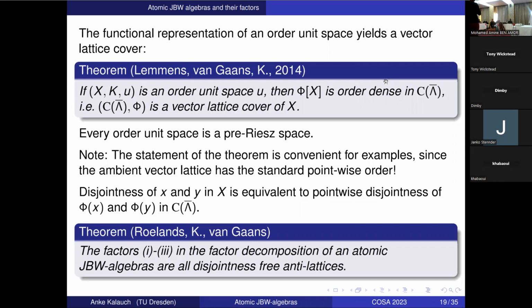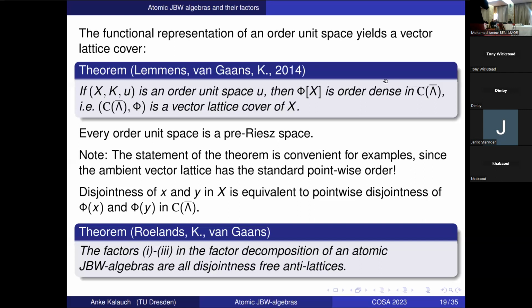So that means all these factors in the representation of the atomic JBW algebras behave similarly to the B of H case. Disjointness does not exist there, which means first that they are antilattices, and second, they are even disjointness free in general. And this is the theorem I wrote here.